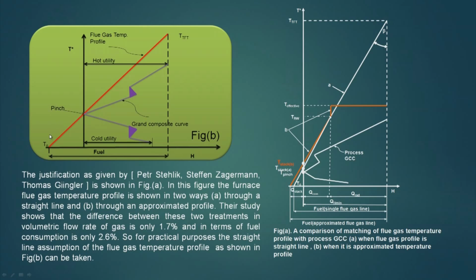The study shows that the difference between these two treatments in volumetric flow rate of gas is only 1.7%, and in terms of fuel consumption it is only 2.6%. So, for all practical purposes, the straight line assumption of the flue gas temperature, as shown in figure B, this straight line representation of the flue gas temperature profile, can be accepted.